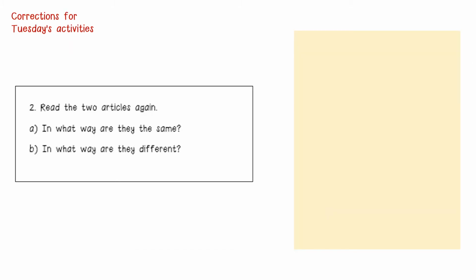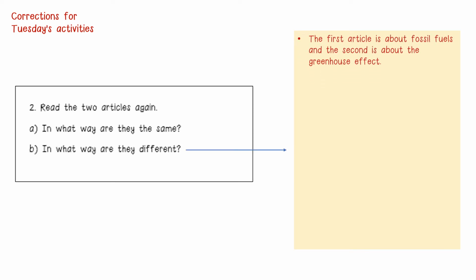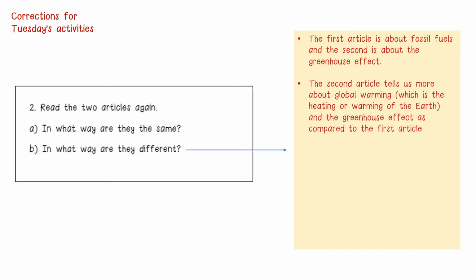Question B. In what way are they different? So the first article is about fossil fuels, and the second is about the greenhouse effect. This is how they are different. The second article tells us more about global warming, which is the heating or warming of the earth, and the greenhouse effect as compared to the first article.